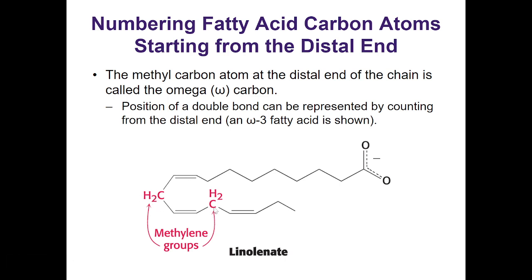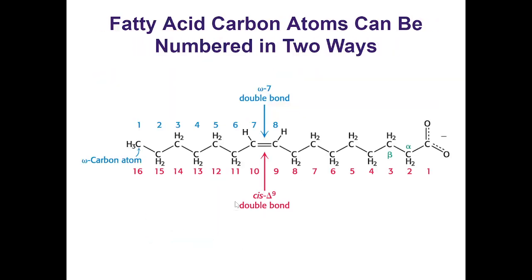Remember that when you have a double bond, you're going to end up with a methylene group, which means one less hydrogen, right? Okay, so the methylene groups are the normal groups that you would see for a chain. The CH groups will be the ones in the double bonds, and that will be degrees of unsaturation, just like we learned in organic chemistry.